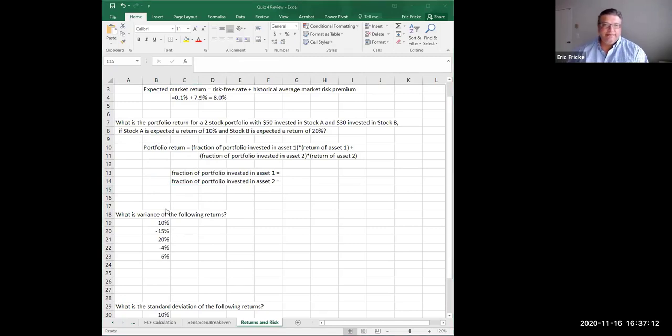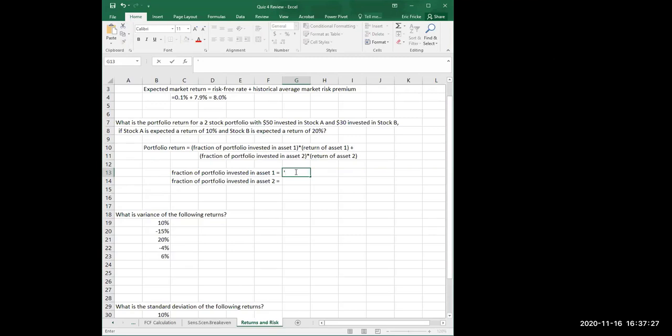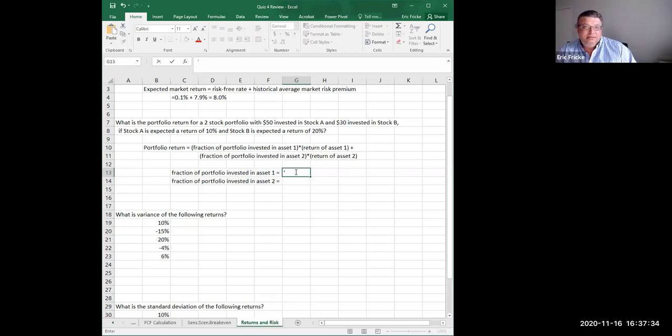What did you guys get for the fraction of the portfolio invested in stock one? Is it a fraction or a whole number, like $5? Or a percentage?